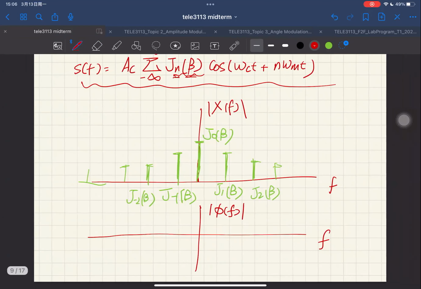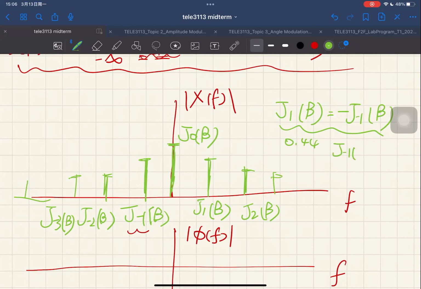But if you look at the negative orders, especially J-1(beta) or J-3(beta), you have to have a phase reversal, because J1(beta) equals negative J-1(beta). So let's say J1(beta) equals 0.44, then J-1(beta) will equal negative 0.44.